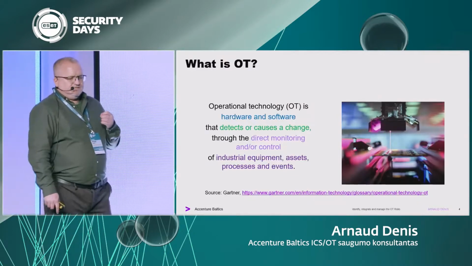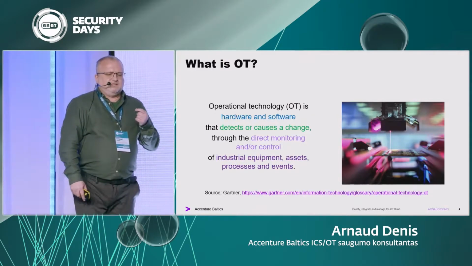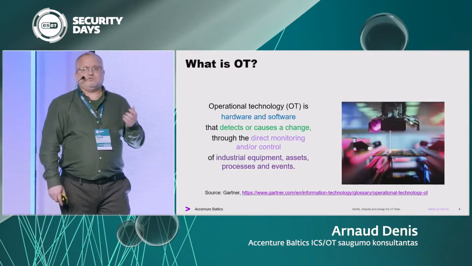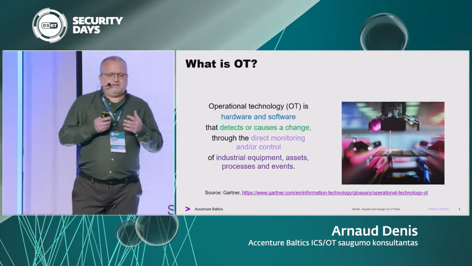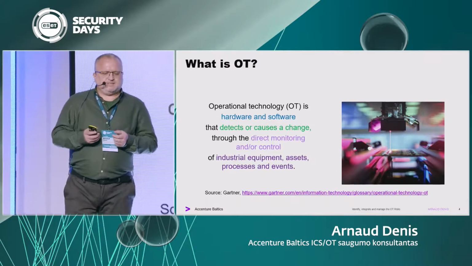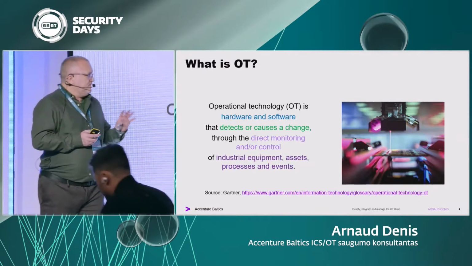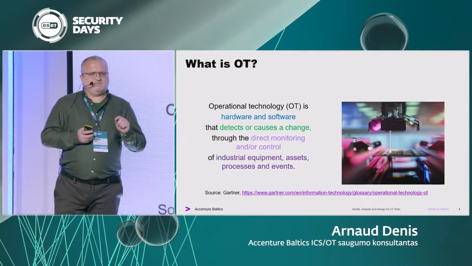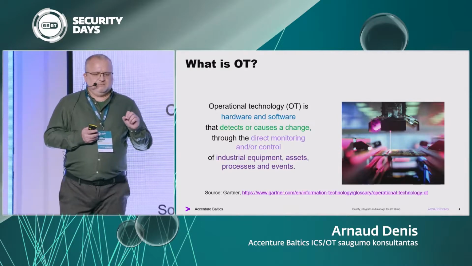Operational technology is defined by Gartner as hardware and software that, through direct monitoring and/or control, will directly affect industrial equipment, assets, processes, and events. I have a little issue with this. Industrial equipment is not all there is. There is more than that to OT.